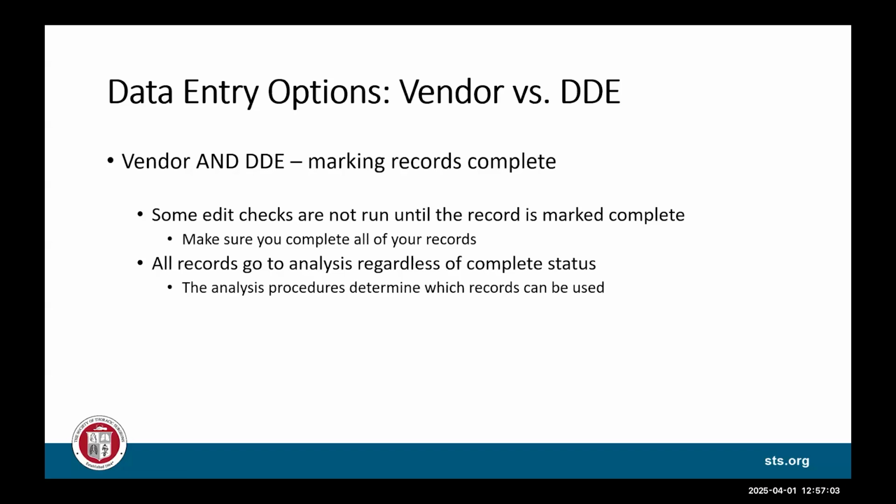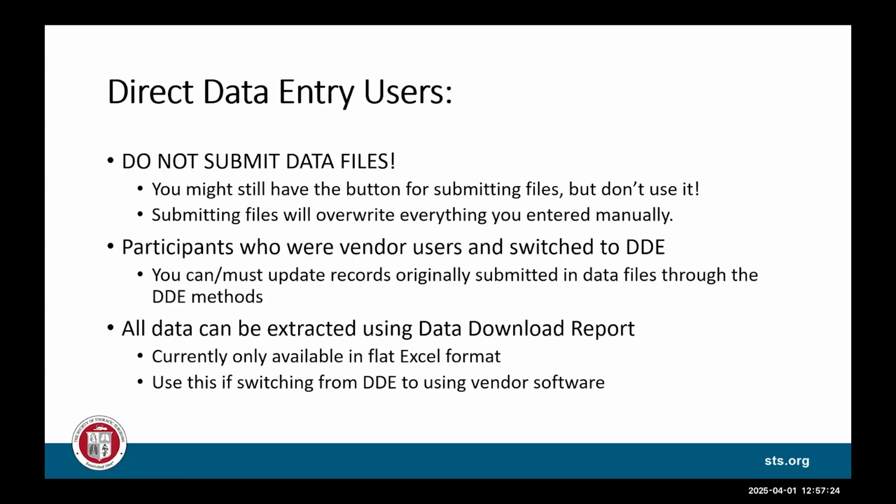And if it doesn't have the data, it gets excluded from the analysis. So the complete button is very important for you to make sure that your data is correct and has been checked properly, but it's irrelevant as far as harvests and analysis is concerned. Right. Okay.